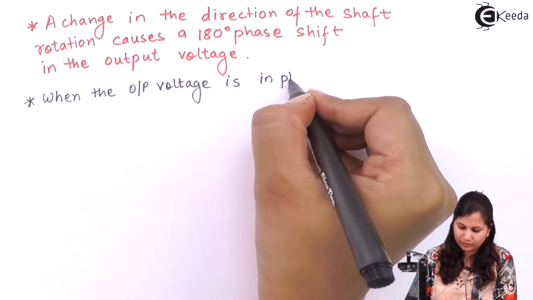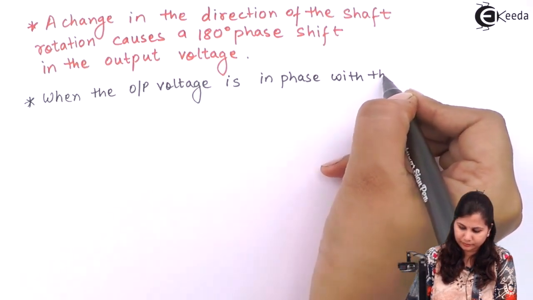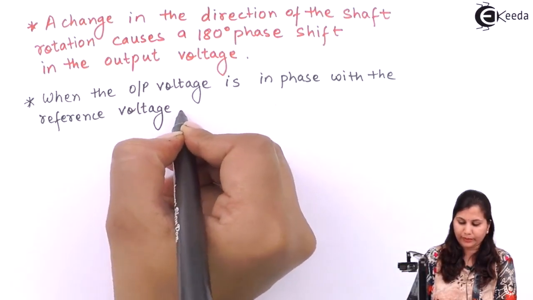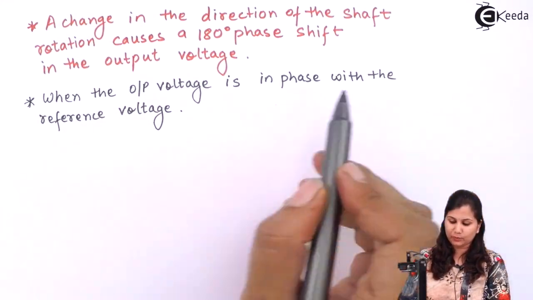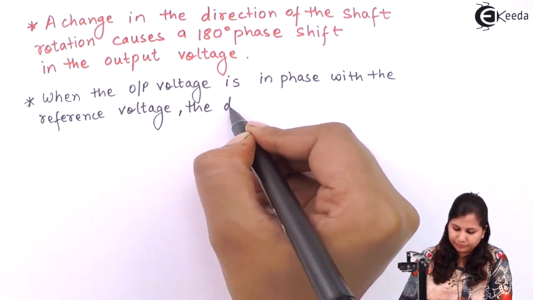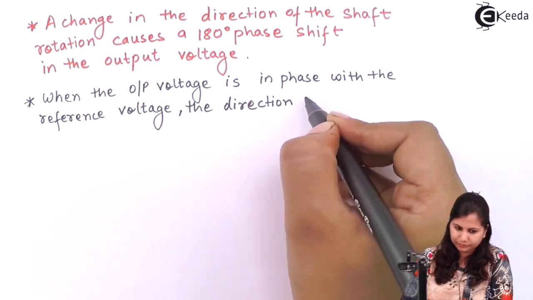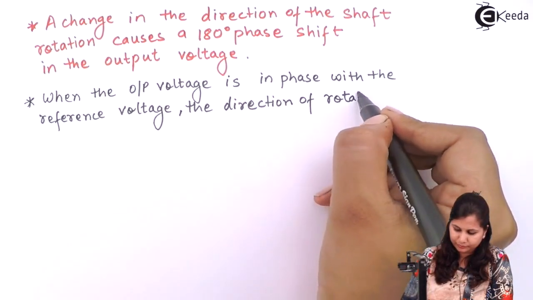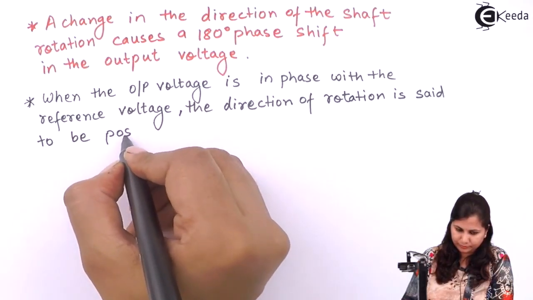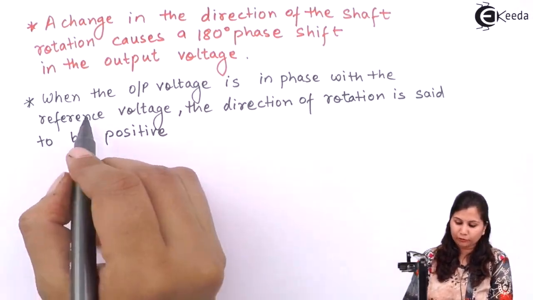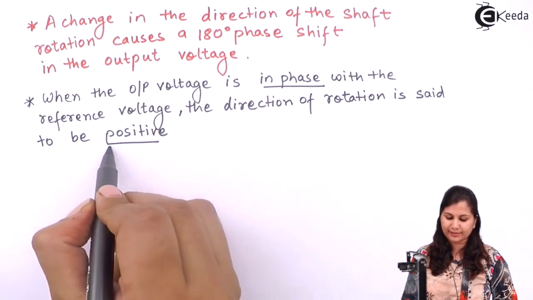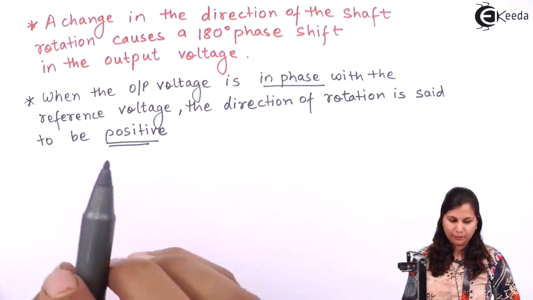So when the output voltage is in phase with the reference voltage, the direction of rotation is taken as positive.